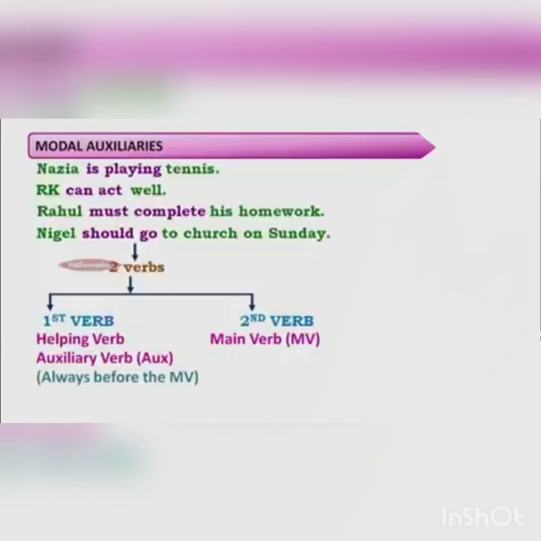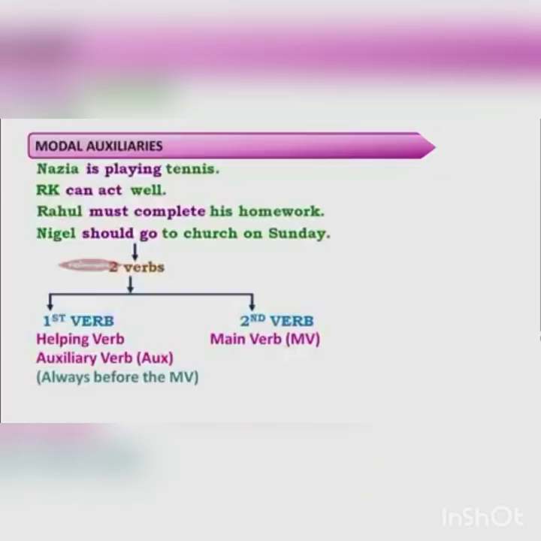Everywhere here we have 2 verbs. So the first verb is the helping verb or the auxiliary verb and the second is the main verb. Which are the helping verbs here? Is, can, must, should. And which are the main verbs? Playing, act, complete, go. These are all the main verbs.